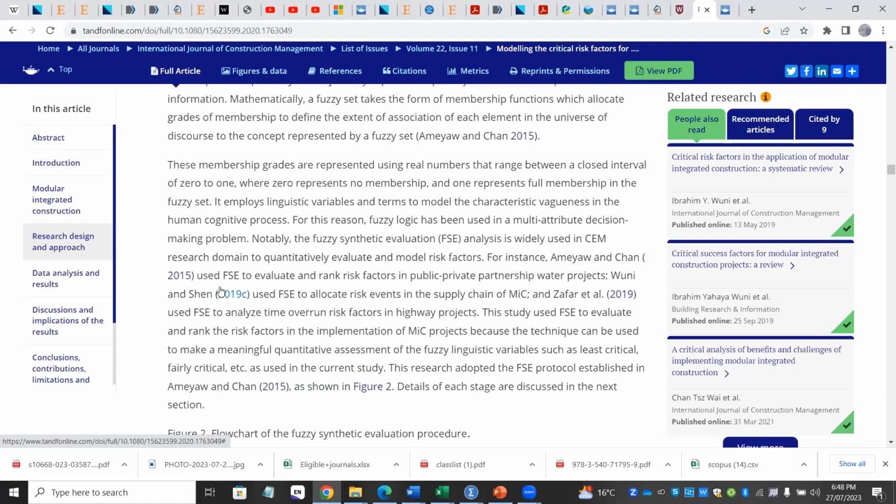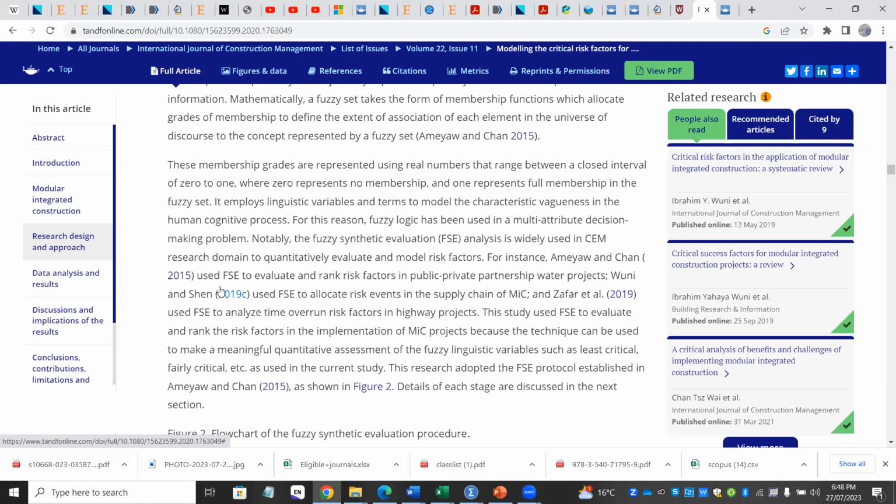Normally, people don't express binary views on things. They don't just say yes to this or no to that, but rather they tend to have a range of views. So for us to get one objective single value, which will represent the opinions or the views of people, we go for the fuzzy synthetic evaluation.